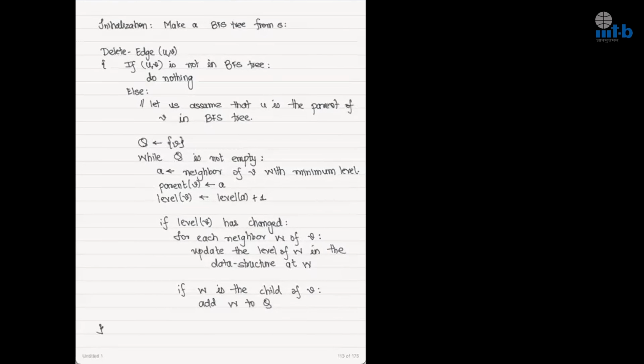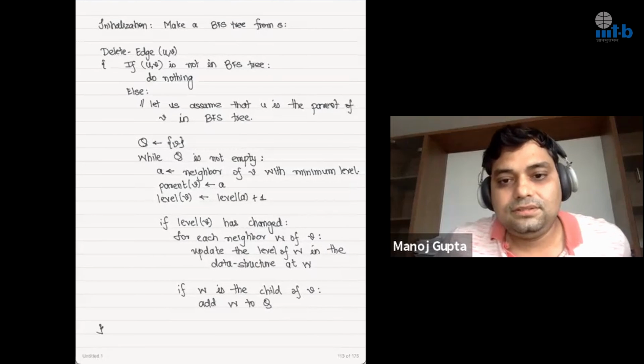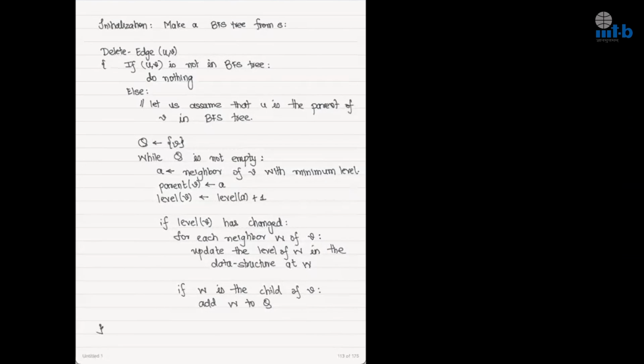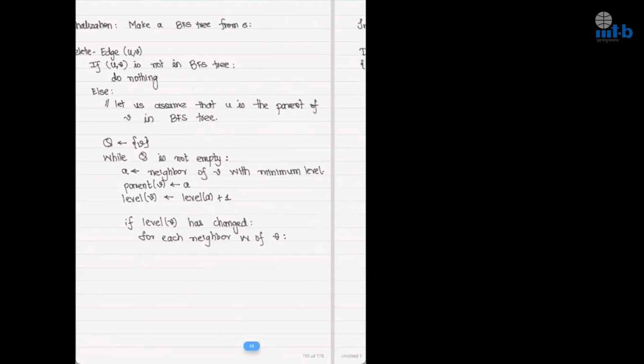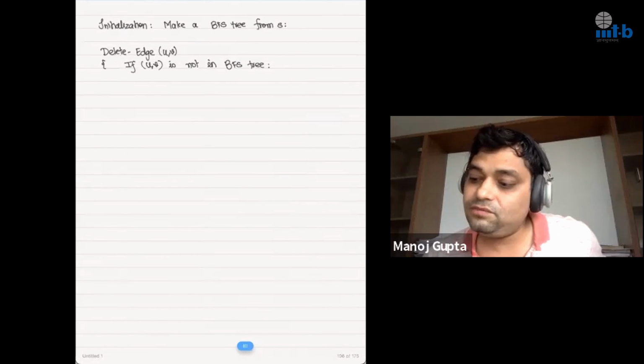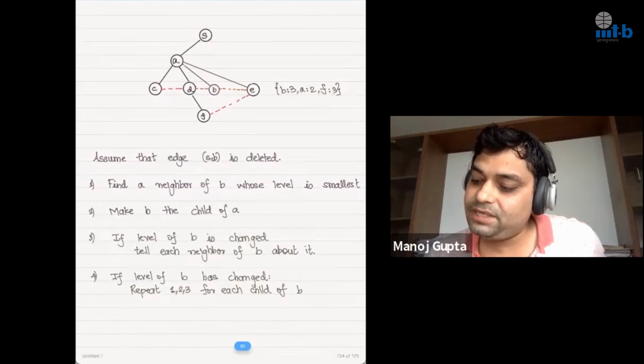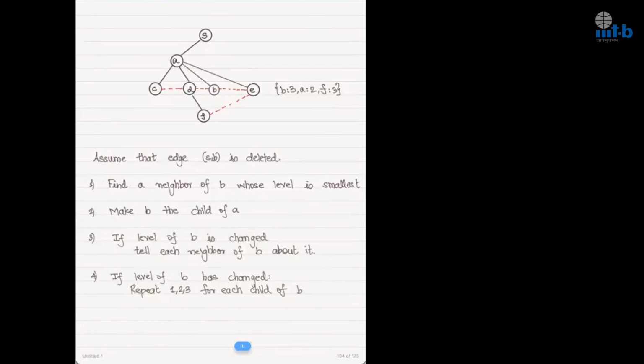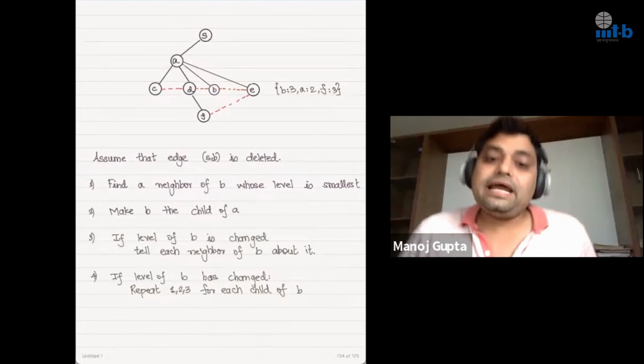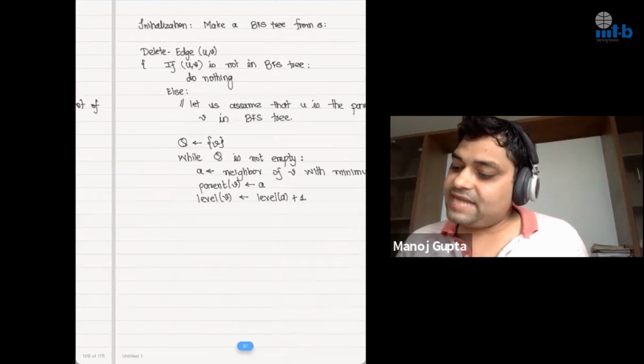Sir, where are we repeating steps 1, 2 and 3? Like step 4, could you explain that again, where it's happening? Repeat steps 1, 2, 3 for each child. Okay, so where is that happening? The fourth step.